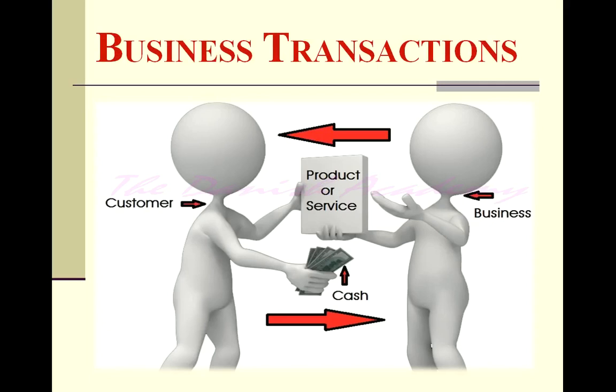The business is giving a product or service to the customer, and in return the customer is paying cash to the business, or else he is promising to pay in the future, which is debtors, or accounts receivable. So the two effects in this equation would be sales, as sales are increasing, and cash or debtors.